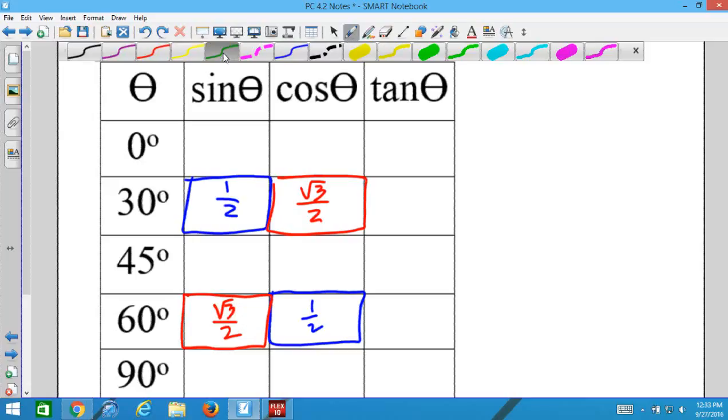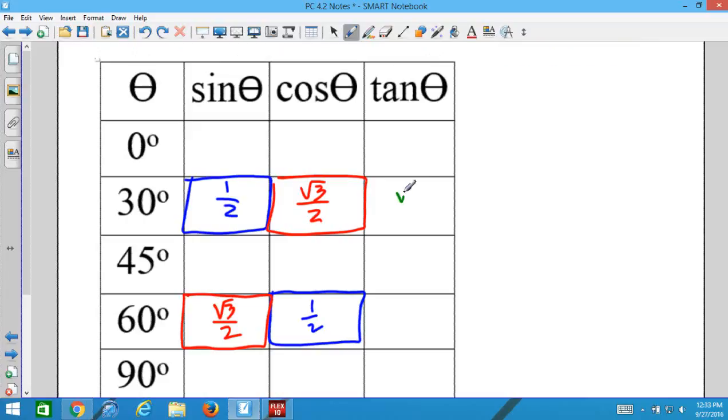And then from there, I can find my tangent. This one's going to have the square root of 3 on the bottom, so it ends up being square root of 3/3 when you rationalize it. And then this one has square root of 3 on top. When I memorize these, I just think that 30 is the one that has the multiple 3s.